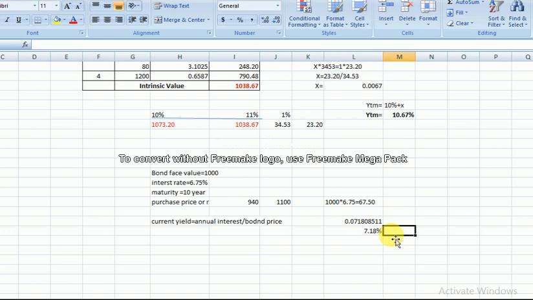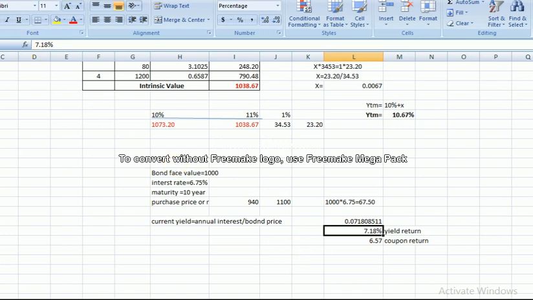This 7.18 is called the yield return and this 6.75 is called the coupon return, meaning interest.